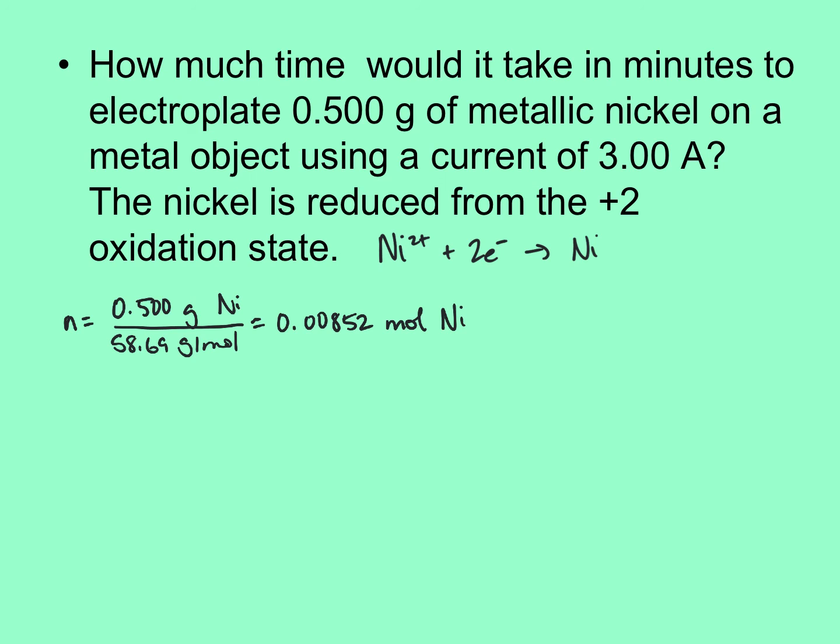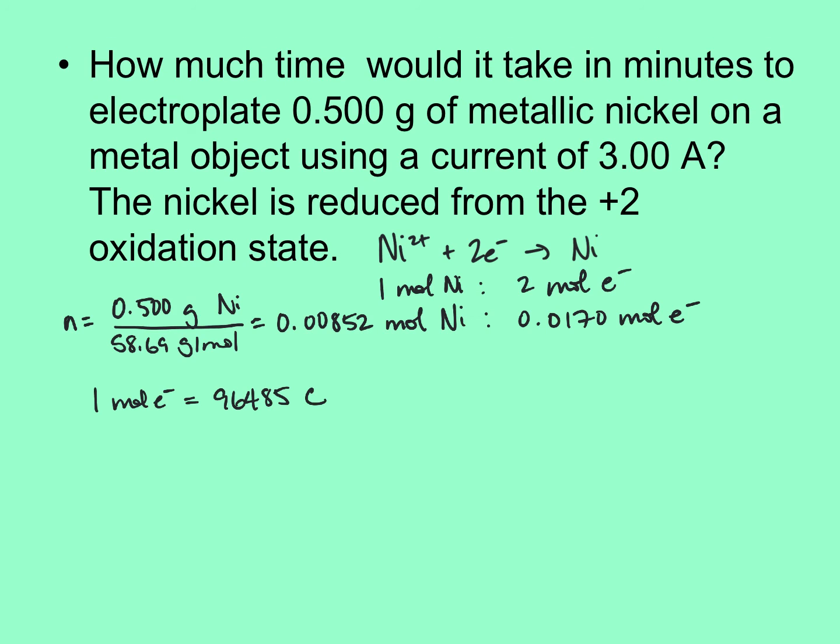According to the half reaction, for every 1 mole of Ni, we have 2 moles of electrons. Based on that 1-to-2 ratio, if we double that, it is 0.0170 mole of electrons. Now, based on the Faraday constant, for every mole of electrons you have 96,485 coulomb.